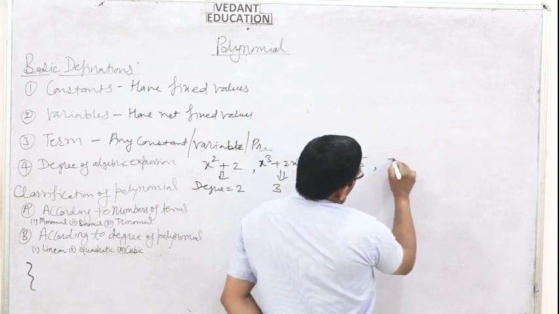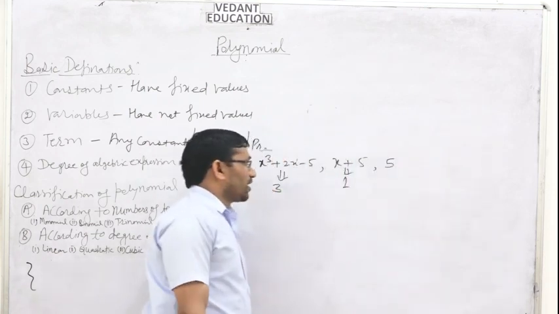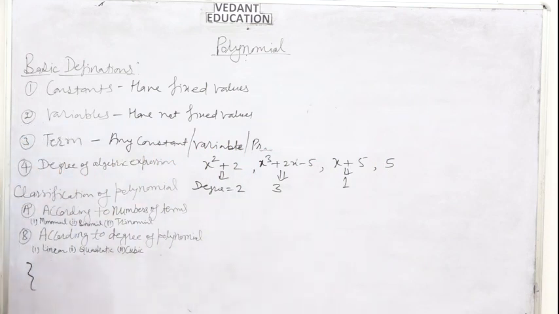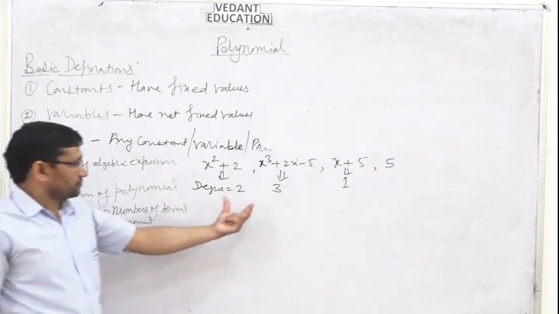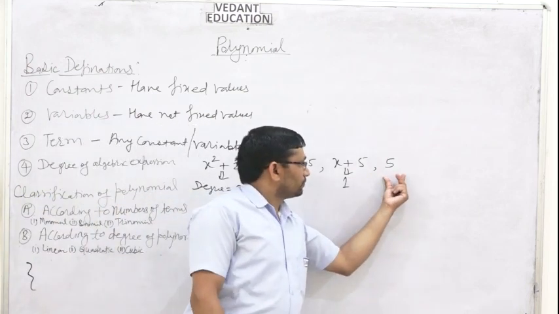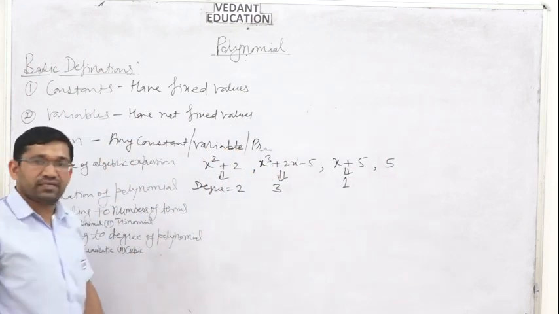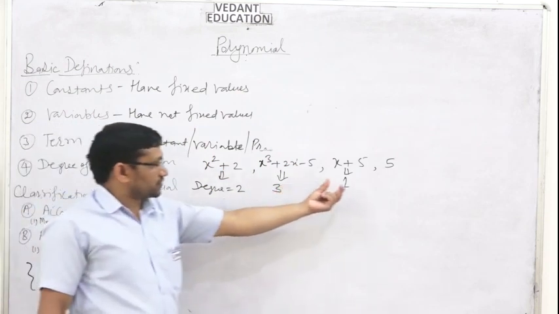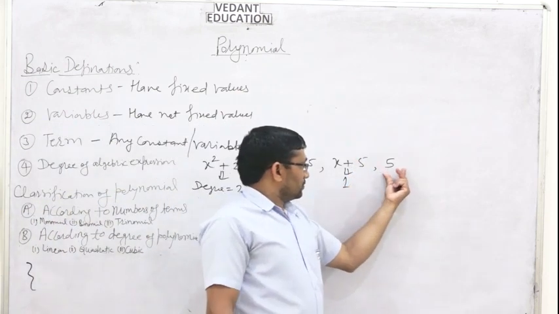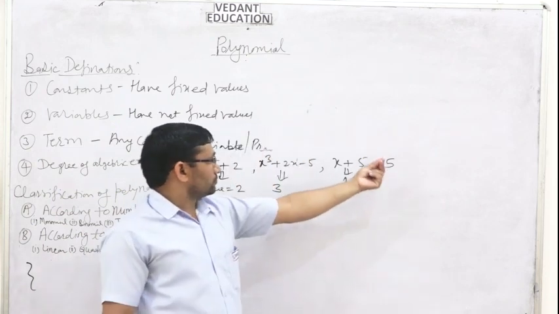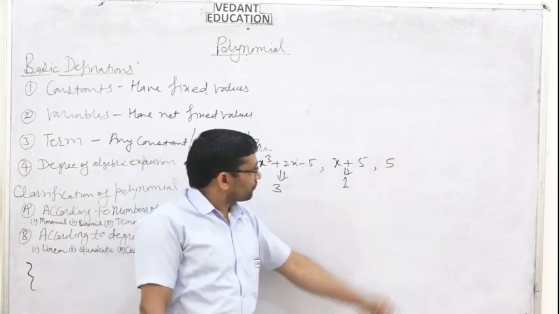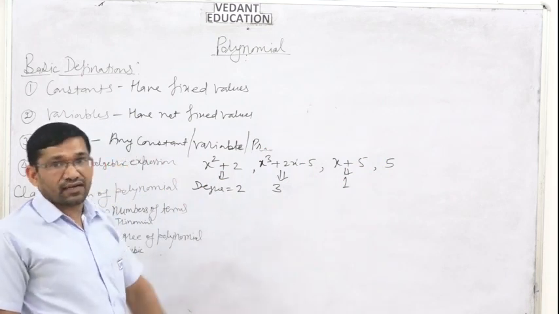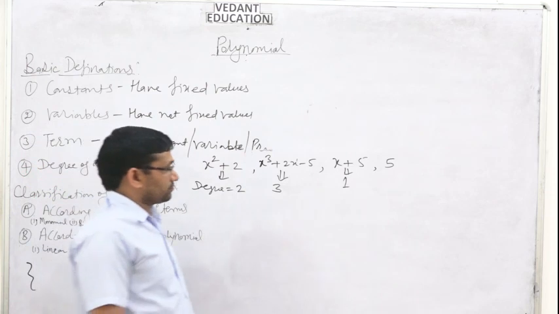Similarly, 5. What is degree of 5? 5 is the constant algebraic expression. But we see here that 5 does not have a variable. So we can write it in the form of variable.